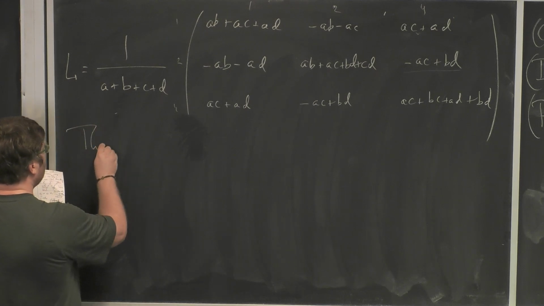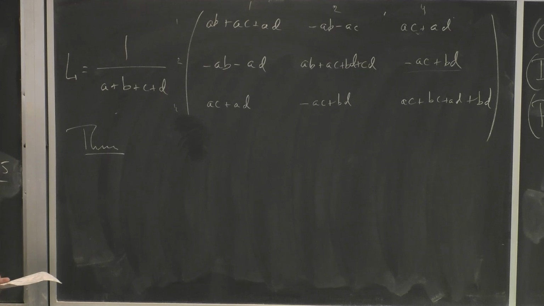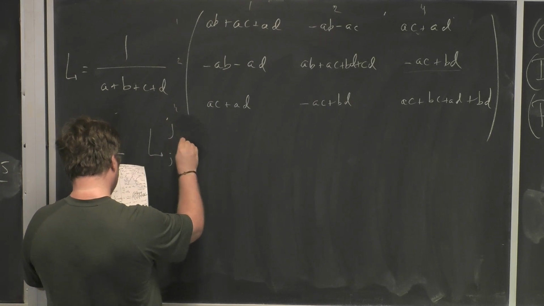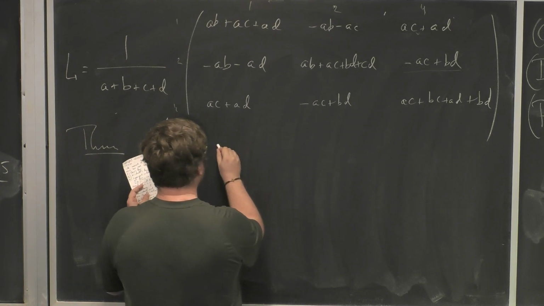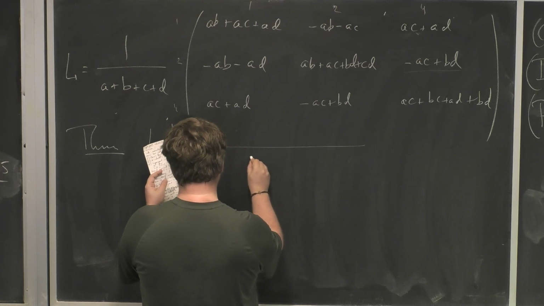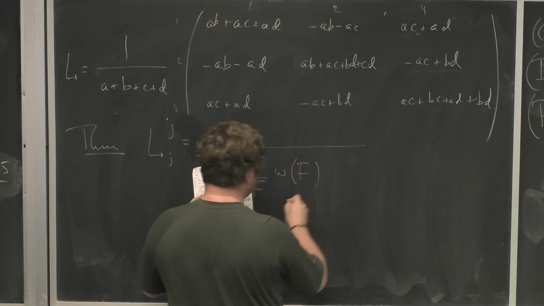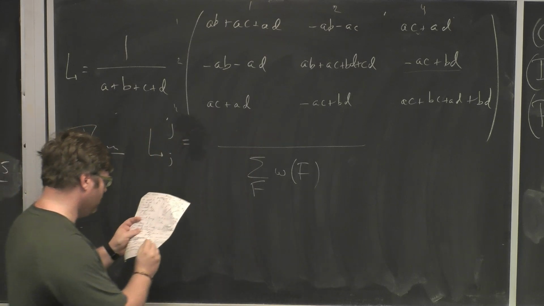So here's theorem number 1, which tells you what the entries of this matrix are. It says the entry Lij is equal to, in principle, it looks very similar. There's a sum over some objects in the denominator, and the denominator wouldn't even have a sign.